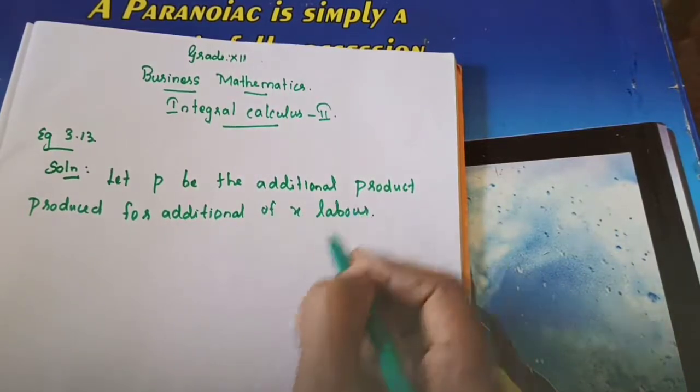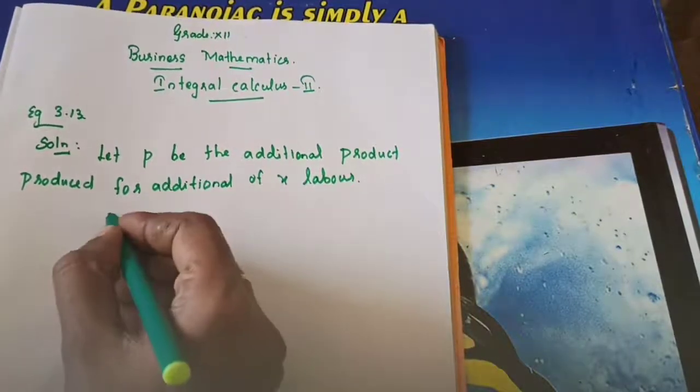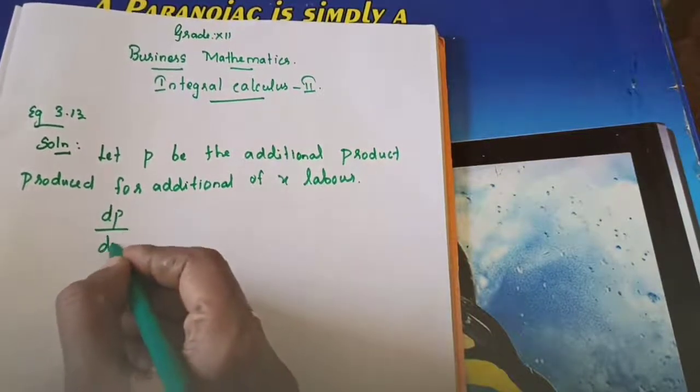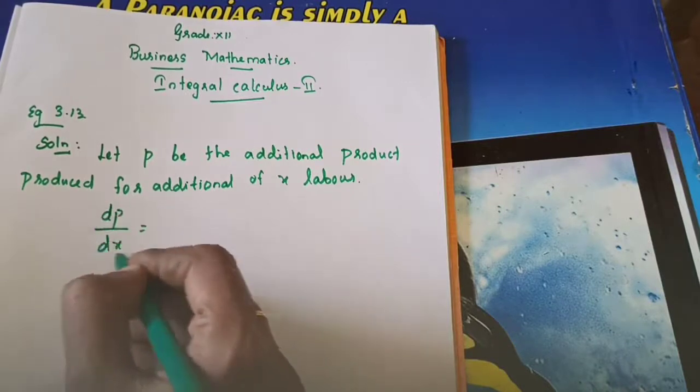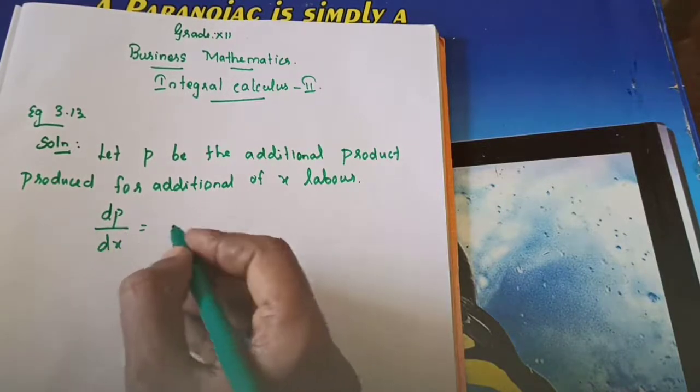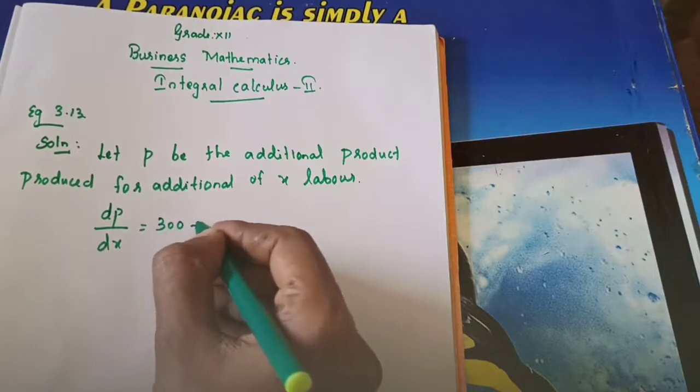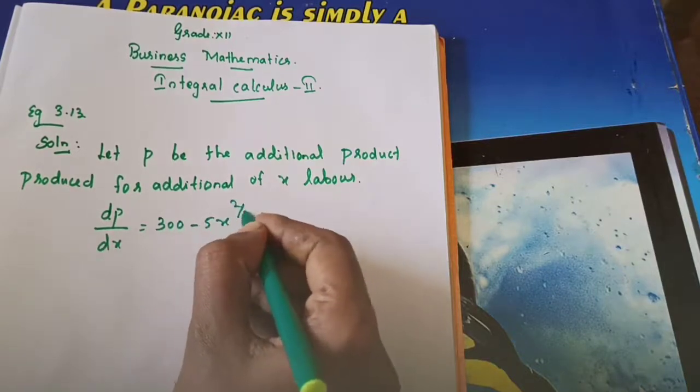So with respect to x, dP by dx is given. I explained the reason. The rate of change of additional product with respect to x, so dP by dx is equal to 300 minus 5x power 2 by 3.